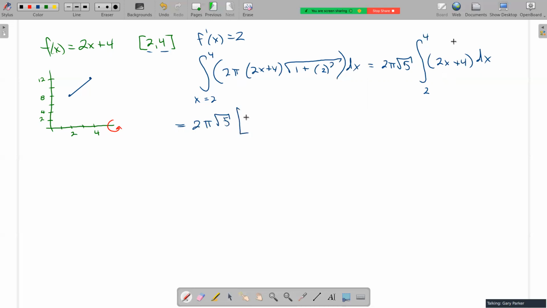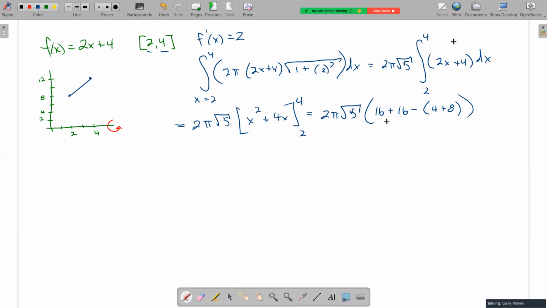The antiderivative we'll put in a square bracket. So antiderivative for 2x is x squared. Antiderivative of 4 is 4x. And that antiderivative is evaluated from 2 to 4. So continuing this before we whip out a calculator, we're going to get 4 squared, or 16, plus 4 times 4 is 16, minus 2 squared is 4, plus 2 times 4 is 8.